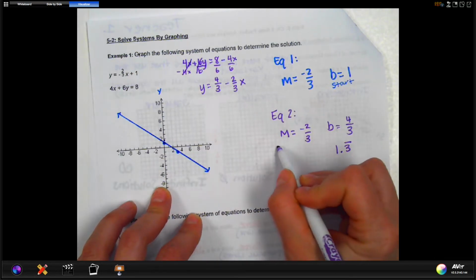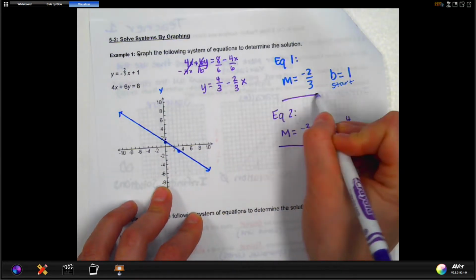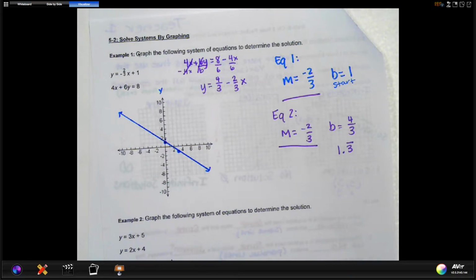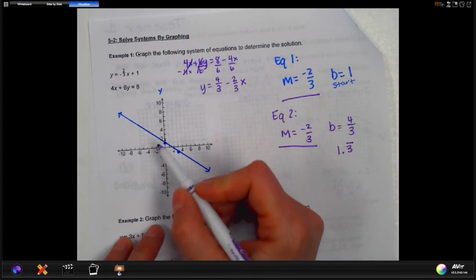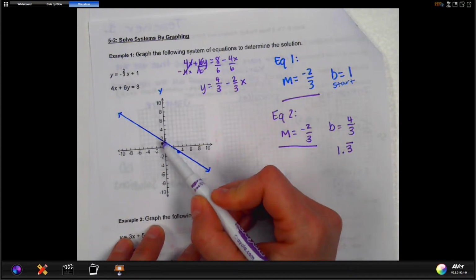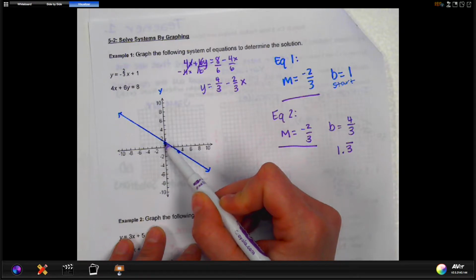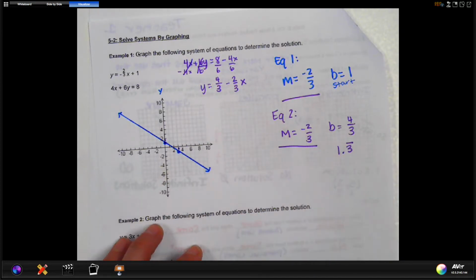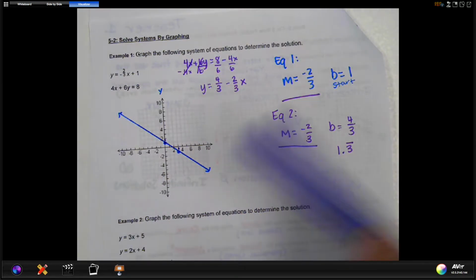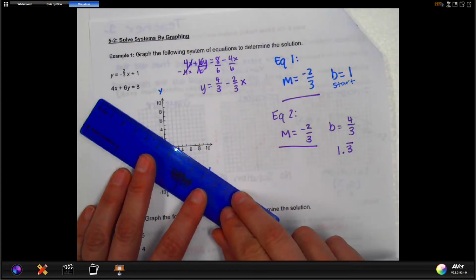Now notice my slope is the same as my top slope. What we learned yesterday is that if the slopes are the same and the y-intercepts are different, then we're going to end up with parallel lines. So even though it's hard with the decimal here, I'm going to go down 2, 1, 2, and right 3, and I'm going to land right here. So this is going to make some parallel lines, and they're really close together.